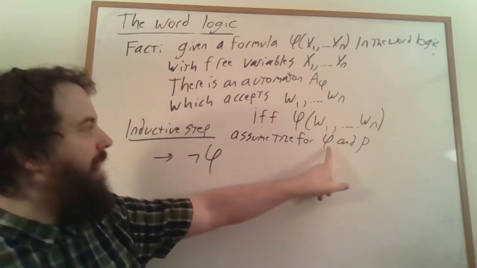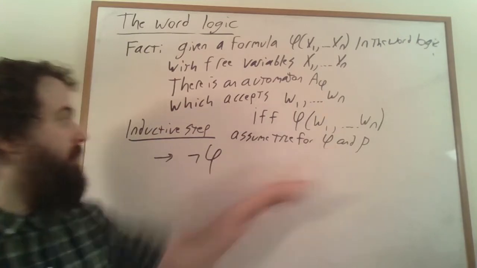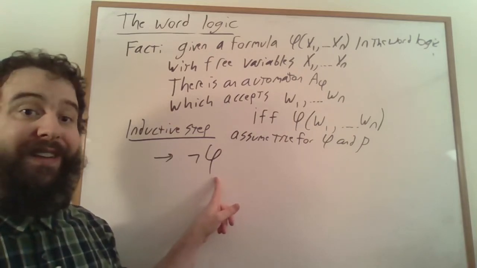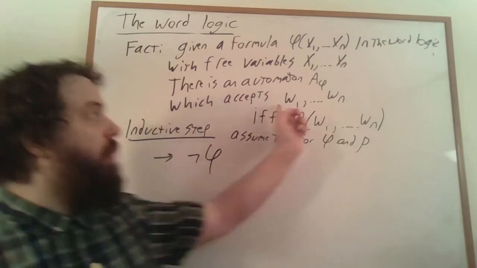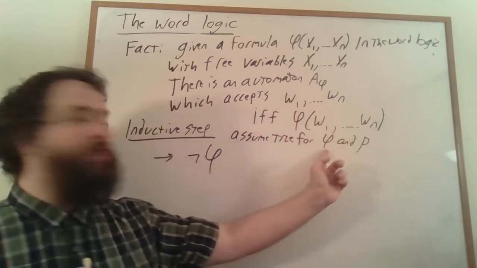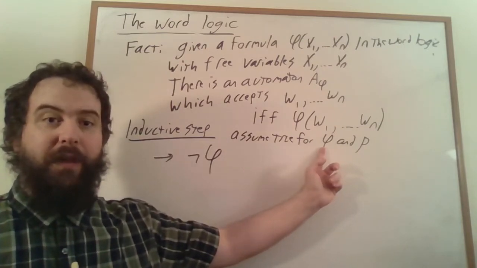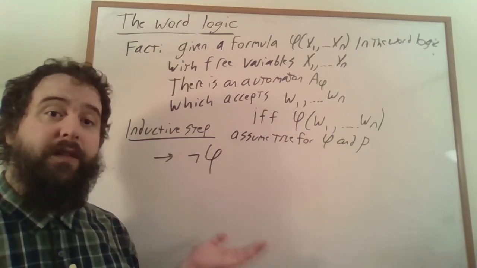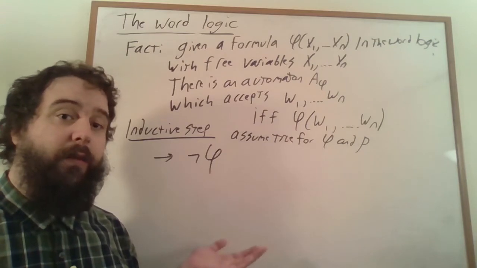Well, if we have an automaton corresponding to the formula phi, how do we construct an automaton corresponding to the formula not phi? How do we construct an automaton that accepts all of the tuple words that don't make this corresponding automaton accept? Well, we're simply complementing a regular language, and we know how to do that from our video on closure properties.